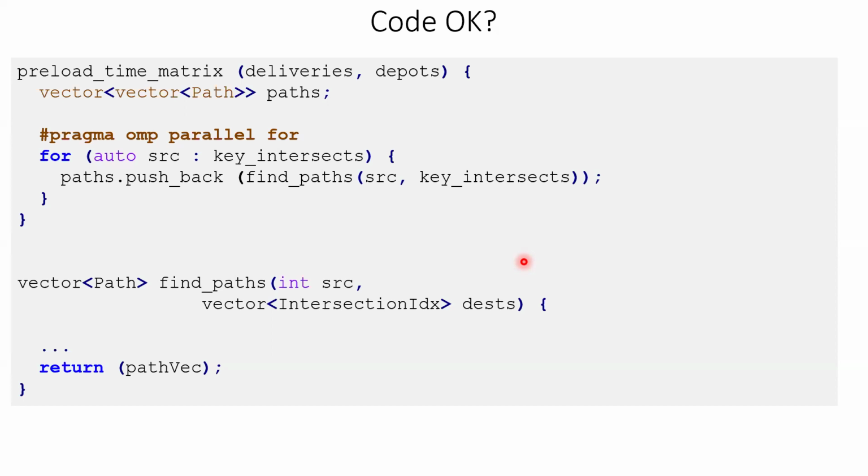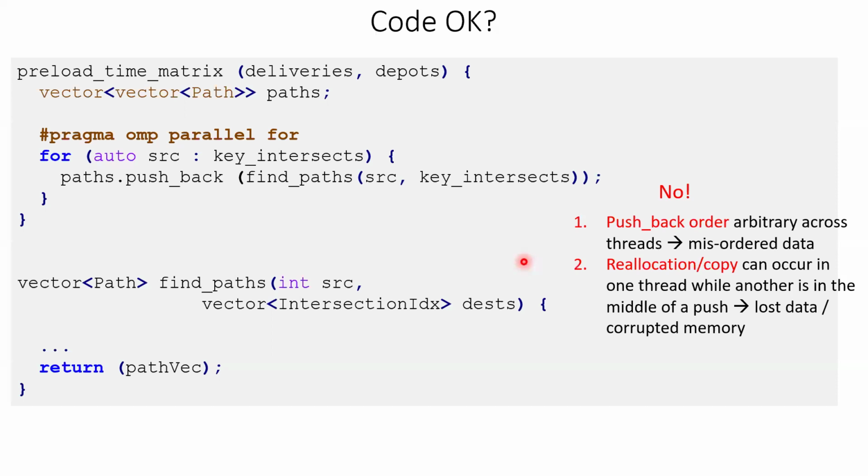And we want to access the element using the street index. So the pushback won't work because the pushback order will be arbitrary, so your data will be misordered.